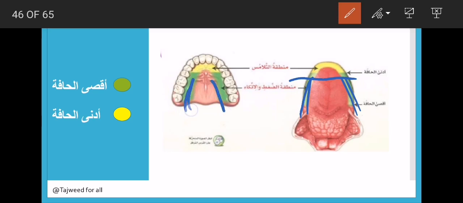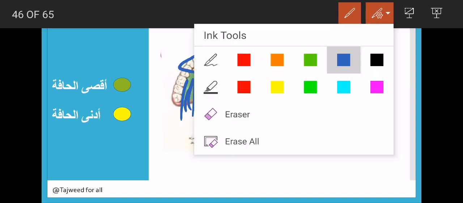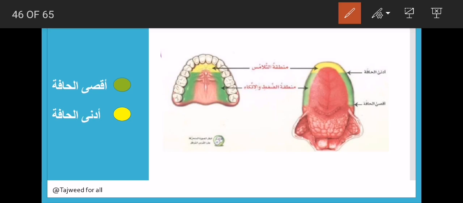This green colored area corresponds to this colored area. This is called the aqsal hafa, and the yellow colored area is the adnal hafa, which corresponds to this area. When we close our mouth, where do they correspond to each other? They correspond to the upper roof, as shown in these two pictures. The green with the green and the yellow with the yellow.